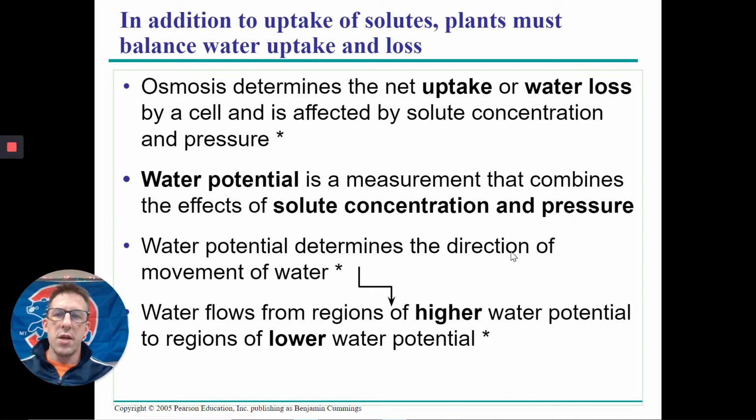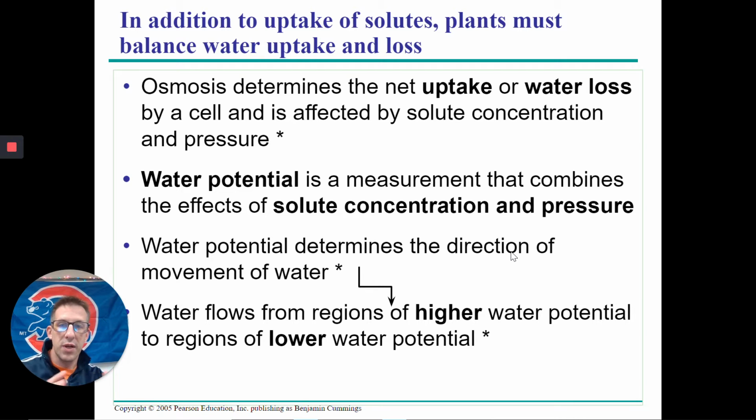So as we mentioned before, osmosis does determine the net uptake or water loss by a cell. Osmosis is affected by the solute concentration, but it's also affected by the physical pressure on a system, and that is something that water potential takes into account. Water potential is a measurement that combines the effects of the amount of solute, but also the amount of pressure on a system.